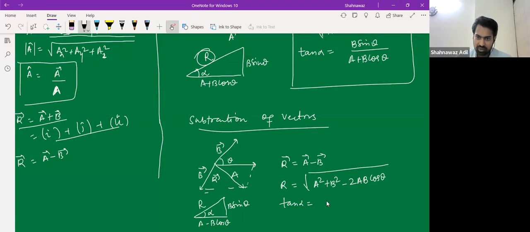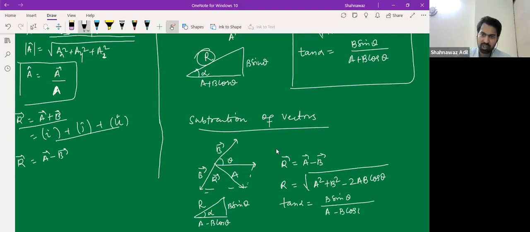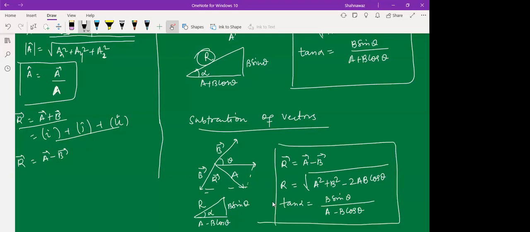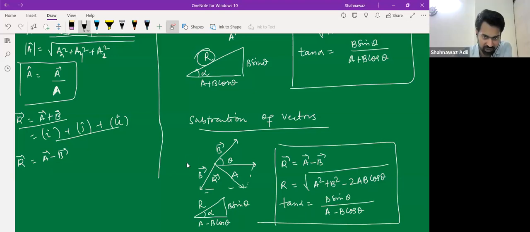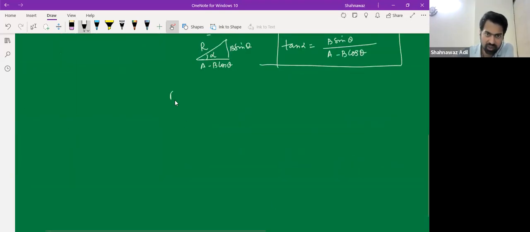So this would be B sin theta by A minus B cos theta, right? So this is for the case of subtraction. Okay, this much we have done, and we have also done the resolution of vectors, right? So I will talk about this later also.